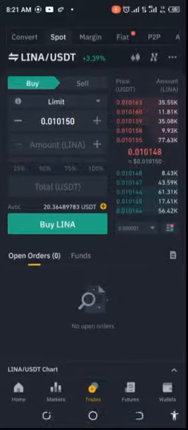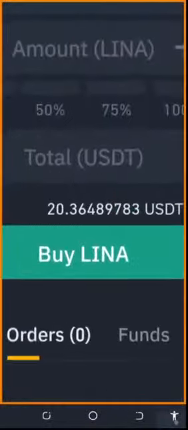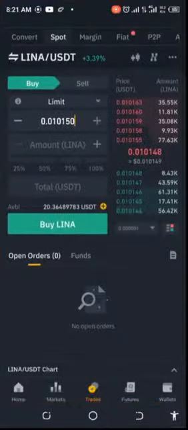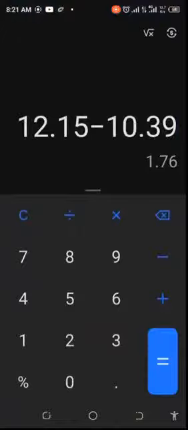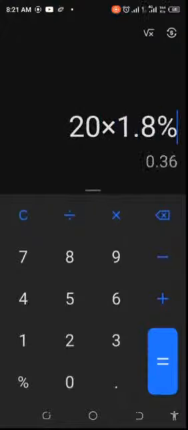So let's go see how much we made and the profit percentage. That's 36 cents. Let us see. That should be 1.8%. Yeah, that's it.